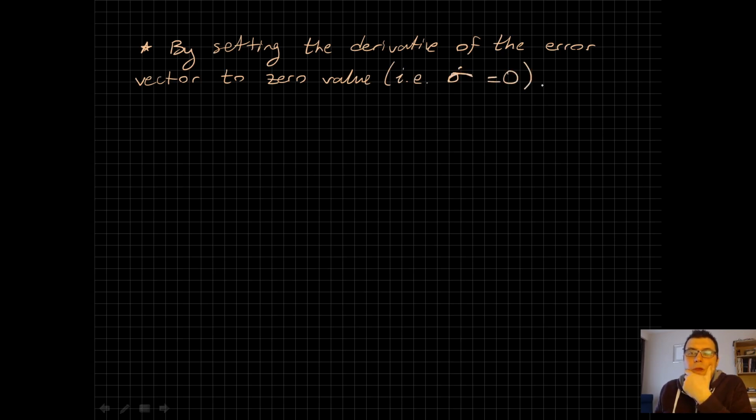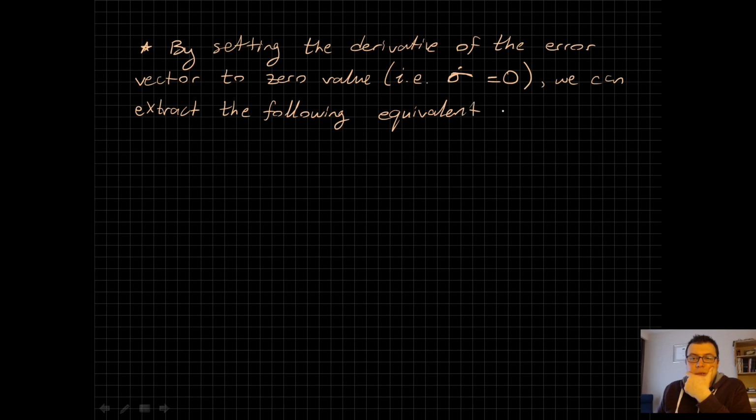By setting the derivative of the error vector to zero value, what I mean is this: sigma dot is equal to 0, we can extract the following equivalent accelerations.